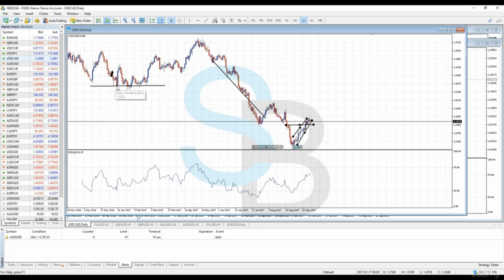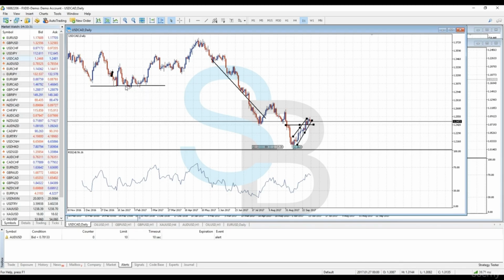If you're looking at buying USD CAD on a daily and you see these lows here, you saw this low was tested and then immediately it was rejected, and you might have missed that opportunity. Then a few weeks pass and you look at the charts again and you're seeing that the same low that was rejected previously, we're now at that price point again.